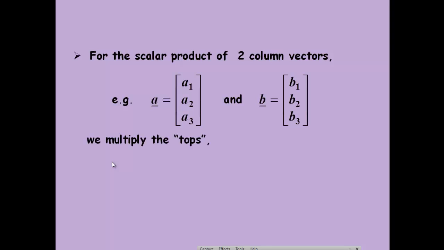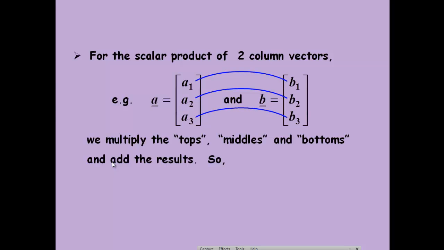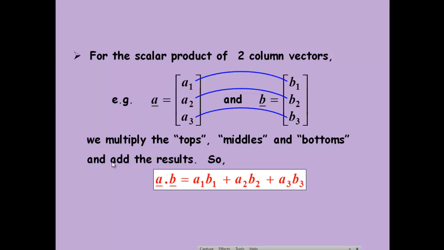But for the purposes of what you need to know, to find the product of 2 vectors when you're given the vectors, so we're now working out the left-hand side of our equation, we multiply out the tops, we multiply out the middles, we multiply out the bottoms, and we add the results. So if we're working out the left-hand side of that scalar product equation, the a dot b, the dot product part, this is how we do it.